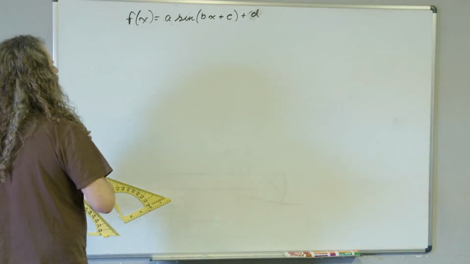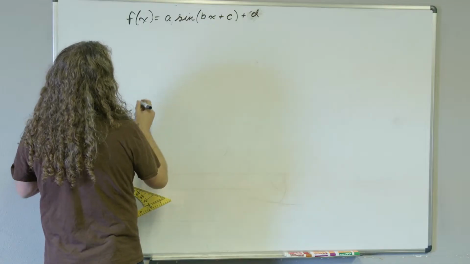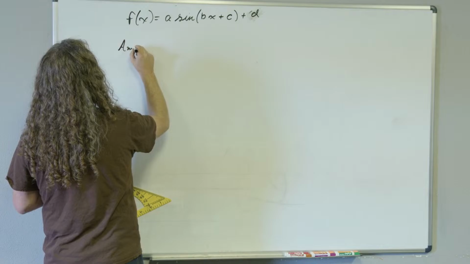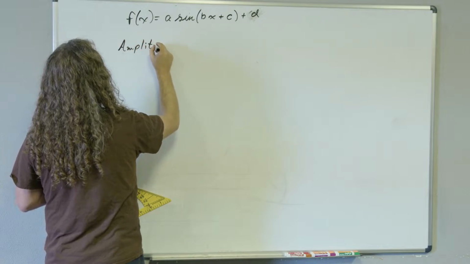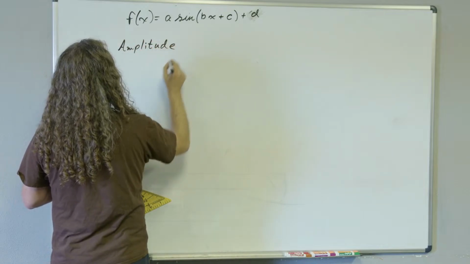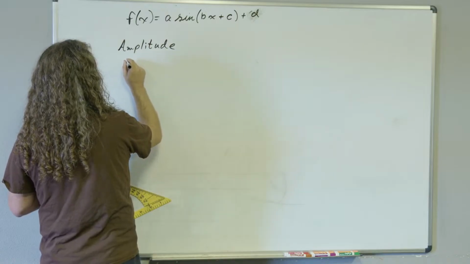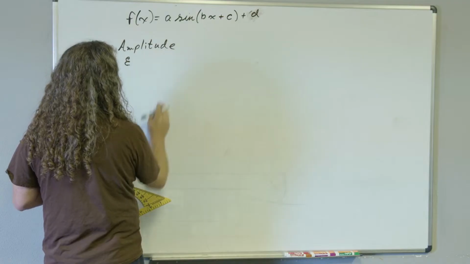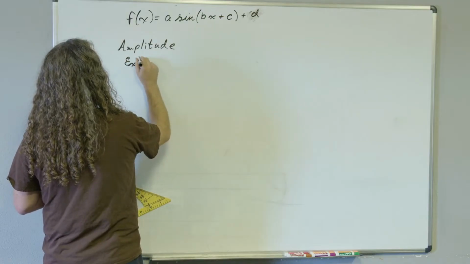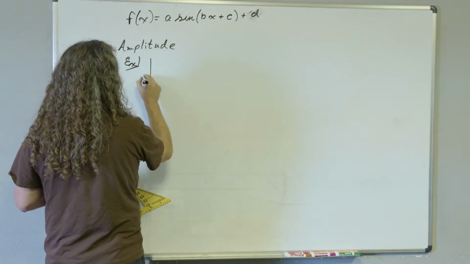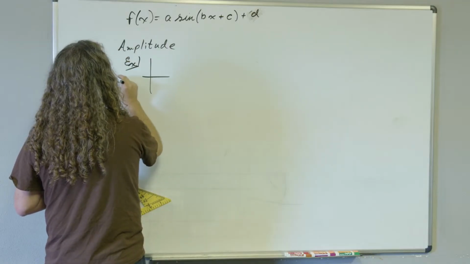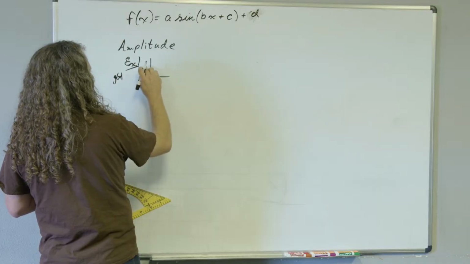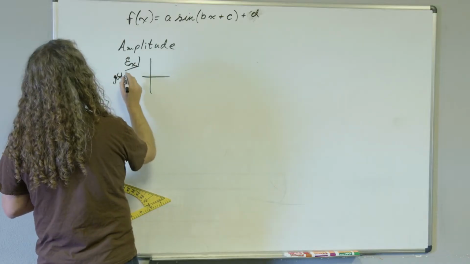A has a name. Apple. A changes something specific. It changes amplitude, like an amp. What it changes on the parent is how high up or how low it goes, which makes sense if you think about it. Because the normal sine function only goes up to 1 and down to -1.